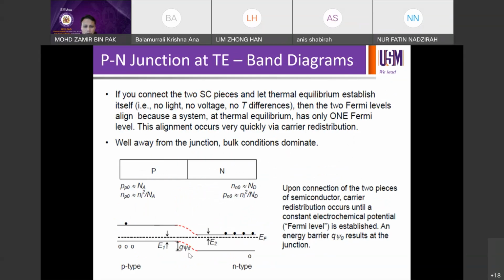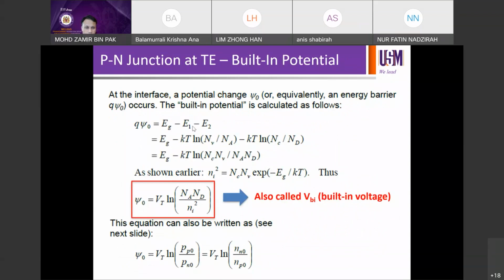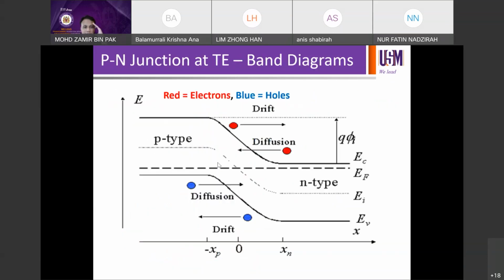If you want to know the barrier height, you can just take your EG minus your E1 and minus your E2, and then you're going to have your qVBI already, right? From the space given there in the band gap. So your qVBI is given by EG minus E1 minus E2, and E1 and E2 are essentially EF minus EV.